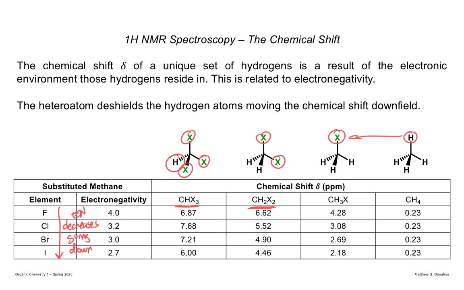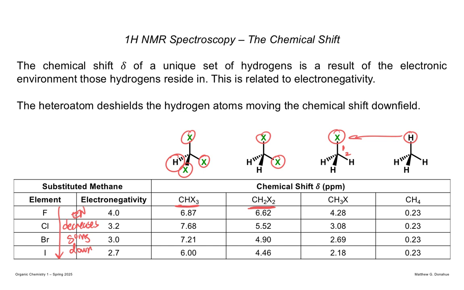So that was substituting on one carbon and then seeing the effect on the chemical shift of the proton. So in a way, if we count the bonds, from this X group, that's one bond, so X to carbon, and then those three H's are all equivalent.